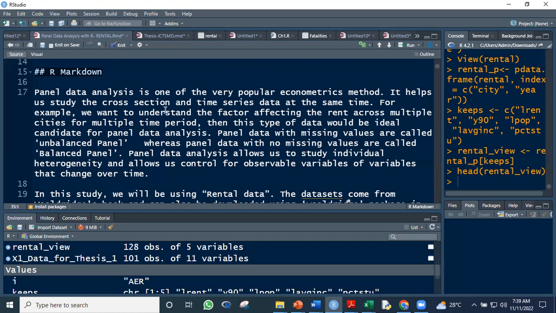So by way of review, we said that panel data is very popular in finance and econometrics because most of the data are of this nature. For example, our units or our individuals are countries, and then we take data about the countries, whether it's macroeconomic data or financial data, taken across several points in time. In fact, most of the research in finance, in our department, in your course, make use of panel data.